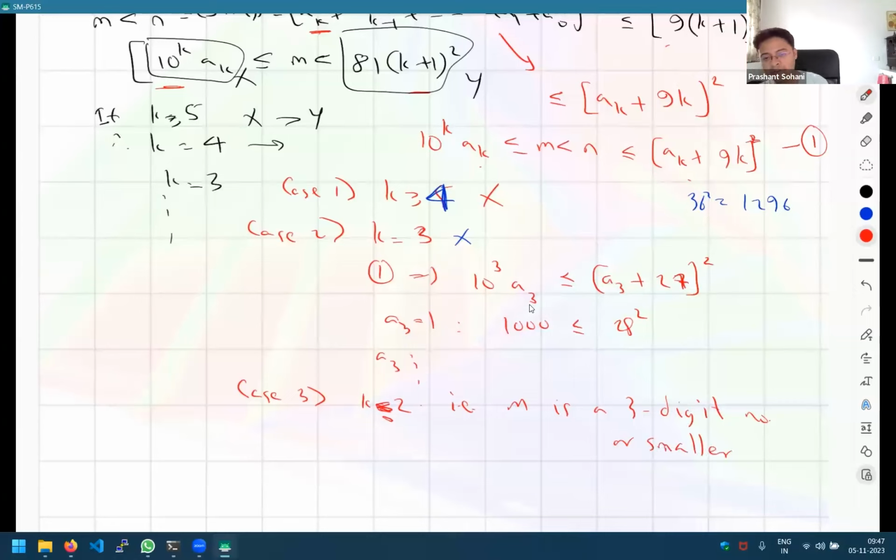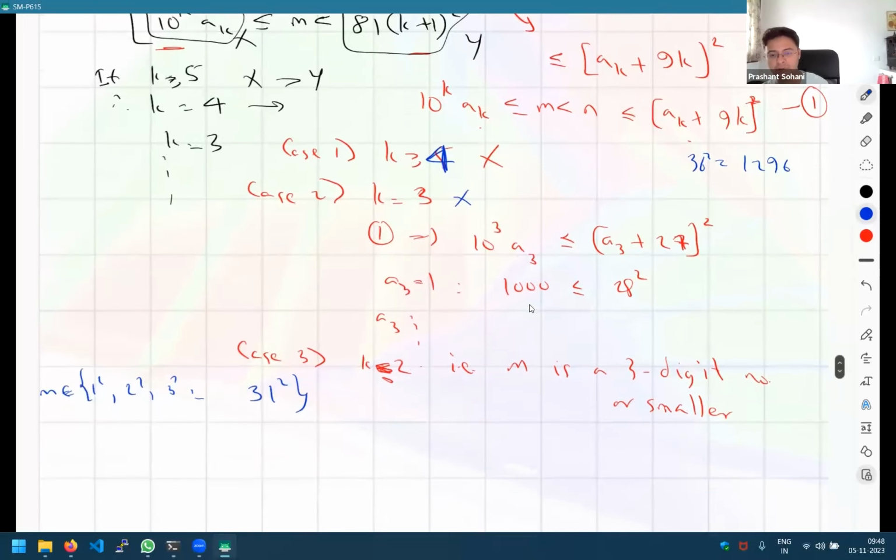If m is a perfect square and a 3-digit number, then we know that there is a very small number of cases to be tried: basically 1 square, 2 square, 3 square, all the way up to 31 square, which is the largest perfect square up to 3 digits. So m has to be one of them. But we still have to try out 31 numbers, or can we do even more optimization? How can we eliminate further?